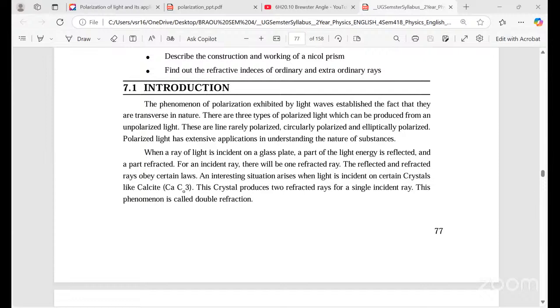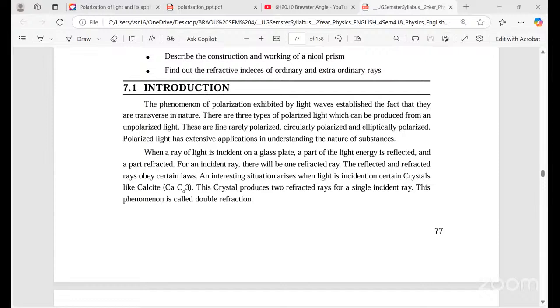Here, there are three types of polarized light that can be produced from unpolarized light. Unpolarized light means the light which is scattered in all directions, 360 degrees. But if you convert that unpolarized light into a single plane, or only one single direction, then that light becomes polarized light.